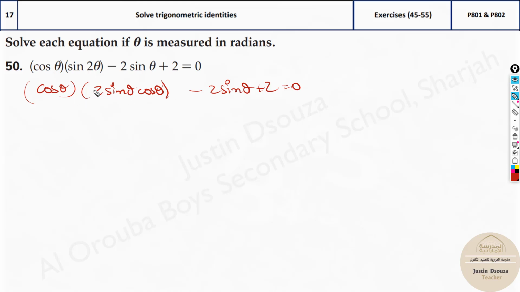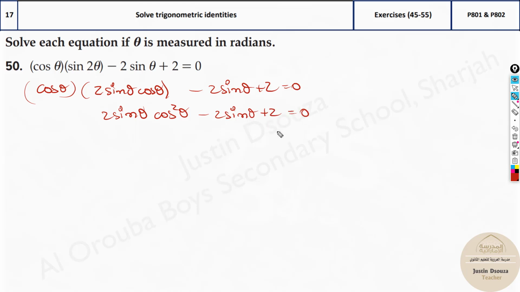And now over here, multiply this cos theta inside. These two are multiplication, right? It will be 2 sine theta. There's no plus or minus, so don't do the distributive property. This is one term, just multiply it. Cos and cos is repeated, so it will be cos squared theta minus 2 sine theta plus 2 equals 0.